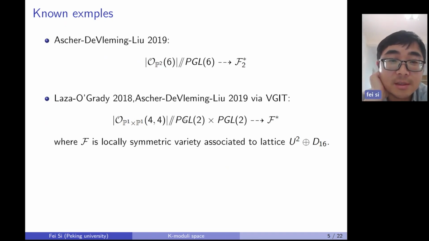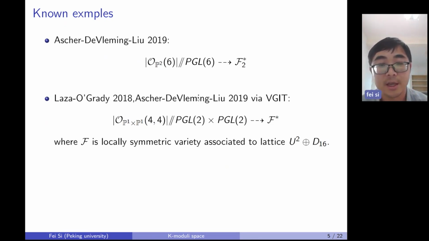Their proof is based on some work of Laza and O'Grady in 2018, I think. They can identify the K-moduli space of pairs with some variation of GIT space. For the variation of GIT space, Laza and O'Grady had already proved that VGIT can resolve this period map. So their work is just to identify the VGIT and the K-moduli space.